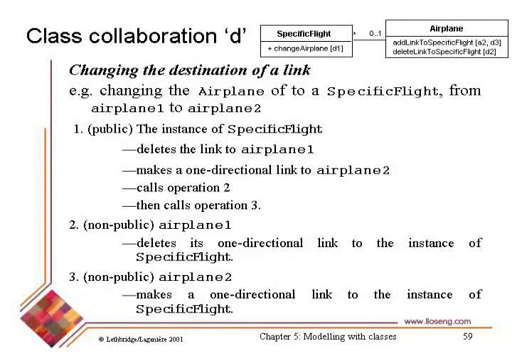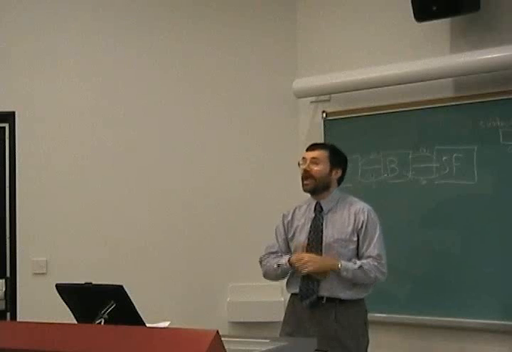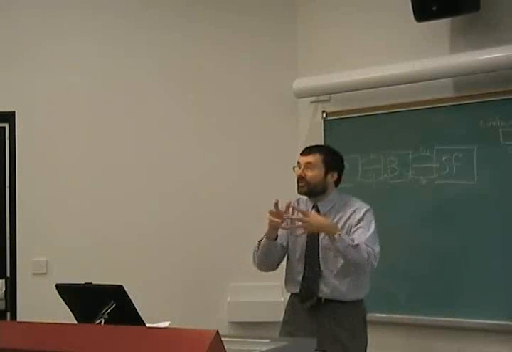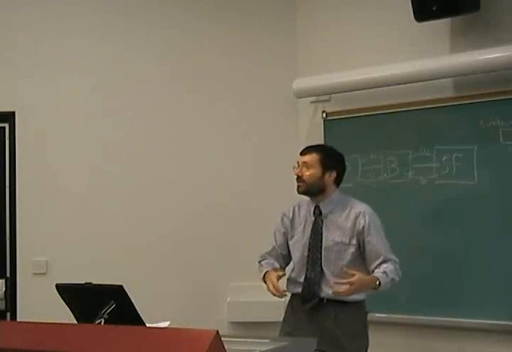So this is another sequence which is quite common for changing associations, in this case changing a link from one instance to another instance. There are other sequences with which this could be done. This is not the only sequence, but this is a logical sequence, easy to understand.